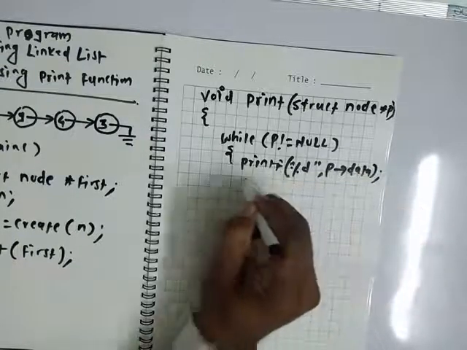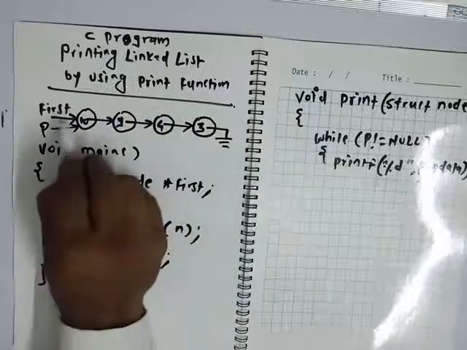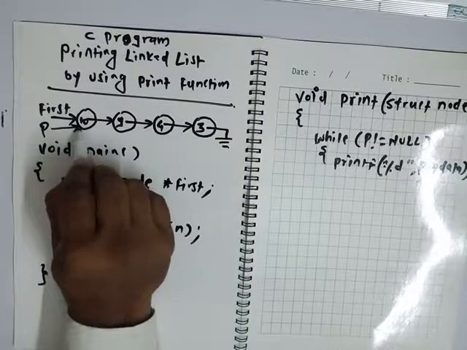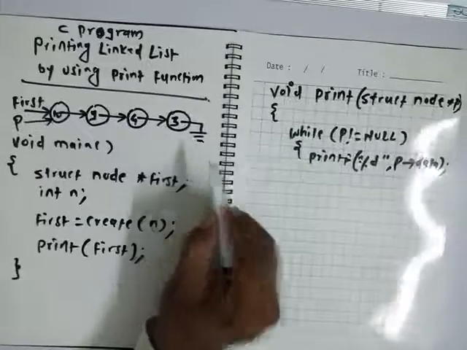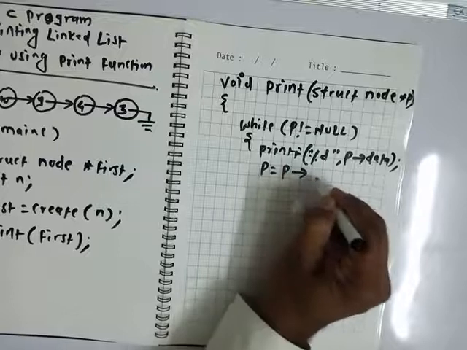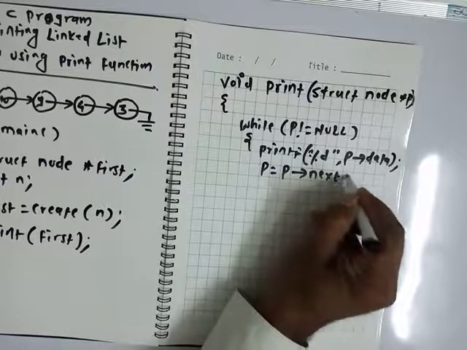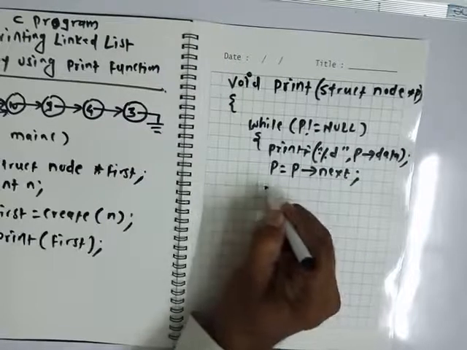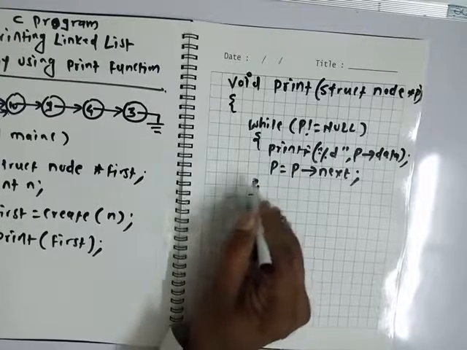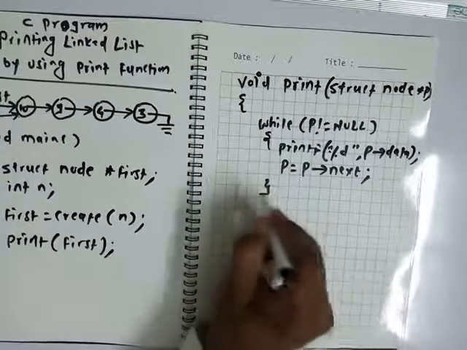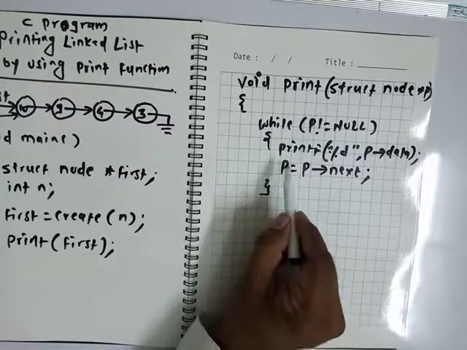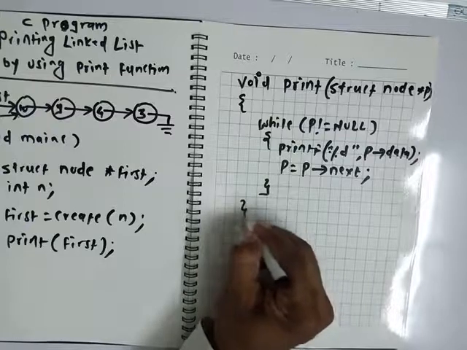I'll print the data at that node, and then I'll increment my pointer p. I'll bring that pointer p from this node to the next node, right? So I'll say p equal to p arrow next. So this simple loop will continue till p becomes null, and by the time p becomes null, we would have printed the entire linked list.